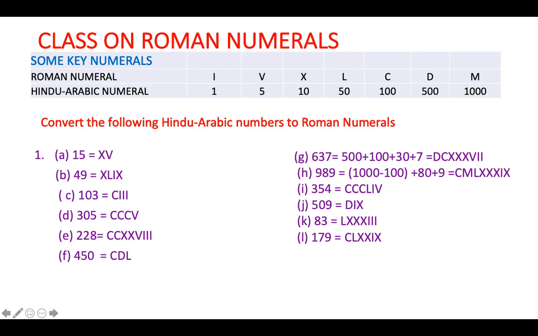I will write 50, that means L, then 10 makes 60, then 10 makes 70, then 9, that means I and X. So my number 179 is 100 plus 50 plus 10 plus 10 plus 9. So the number will look like CLXXIX. This is the number we can write.